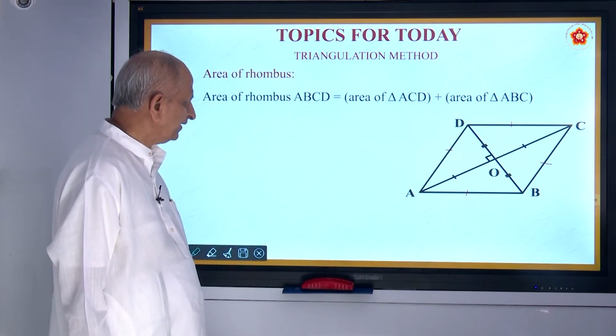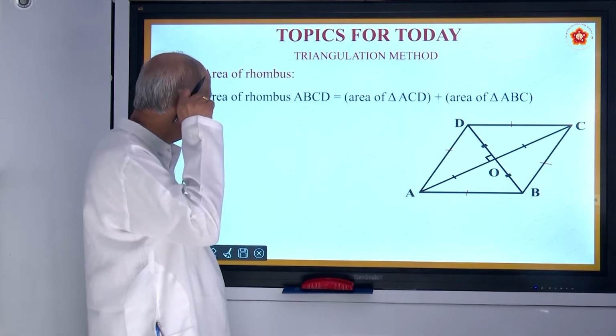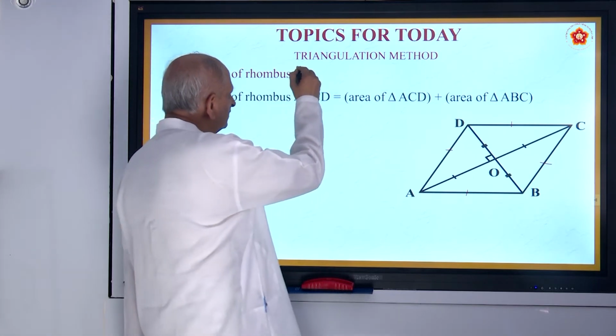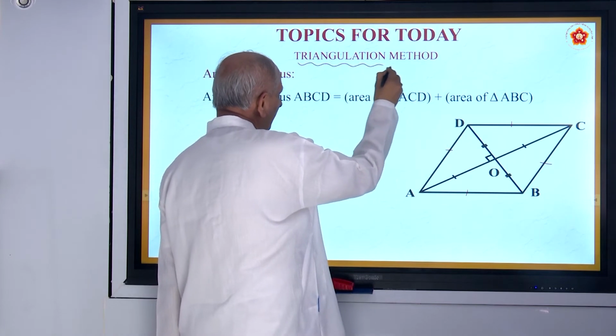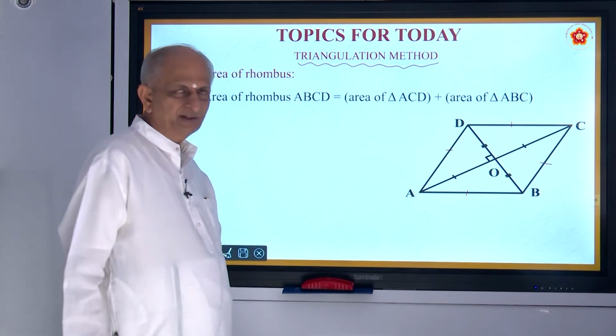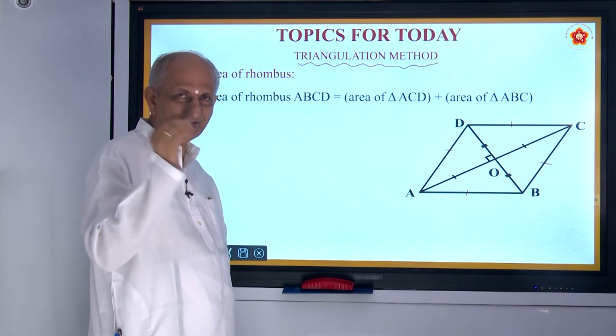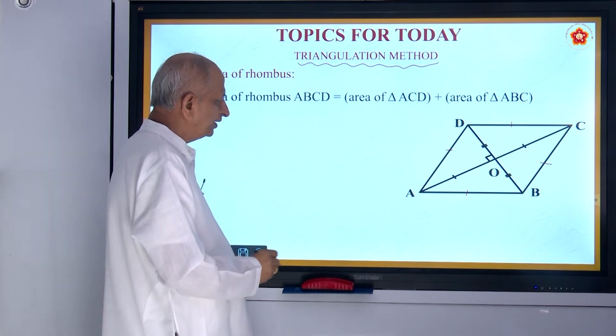Now let us try to find the area of a rhombus ABCD, and this method is called the triangulation method. What do you mean by triangulation method? That is finding the areas of triangles and adding them. Come on, what are the two triangles here?